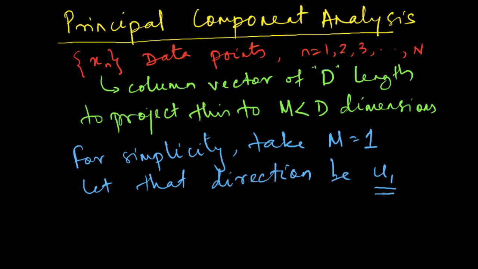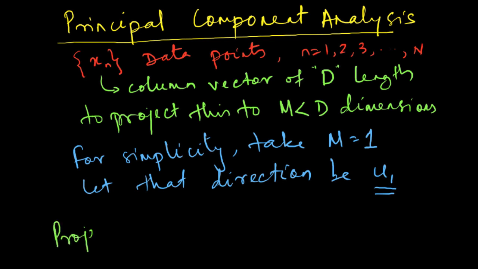Here u1 is also a column vector of dimension D. So u1 and x1, x2, x4 and so on, they all have the same length, capital D. Now when we project our given data points xn along the direction u1, we will be left with a projected data point which has only one dimension. That is represented by yn.